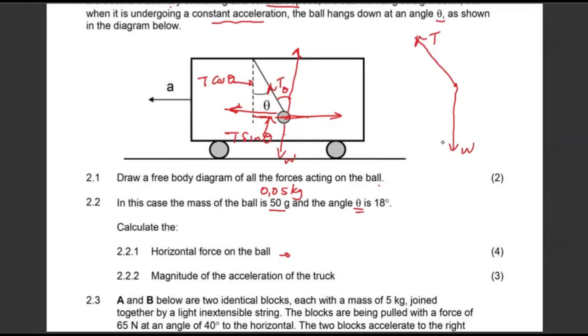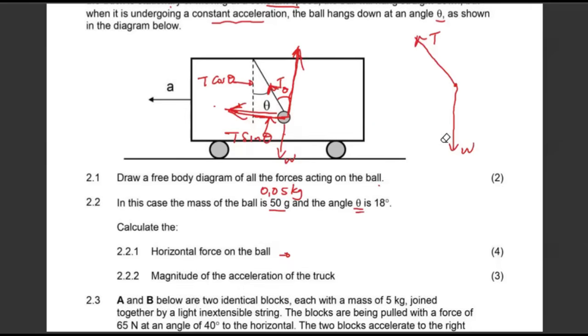Since this must be in balance, I'll take my horizontal to be in that sort of direction. Because remember, for me to get my resultant of T, one must be up, then one must be in this sort of direction, because I cannot put it to the right, otherwise this resultant will be in that direction.